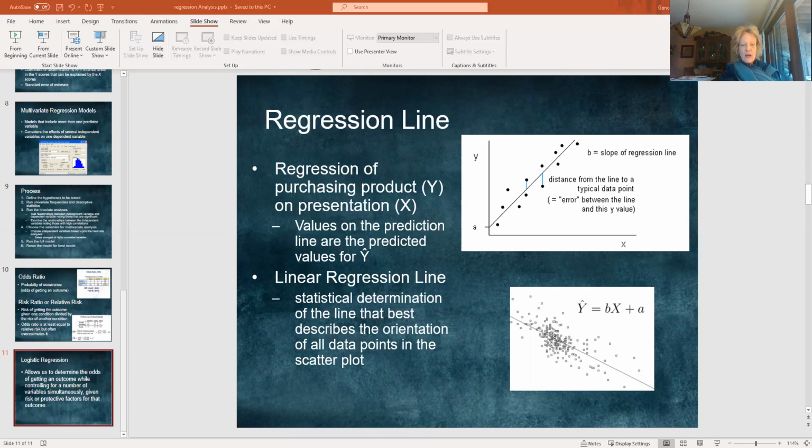And the linear regression line is that statistical determination of the best fit considering all the data points in the scatter plot. So for everybody who views the presentation, who's likely to purchase, and each individual dot represents the likelihood for that one person.